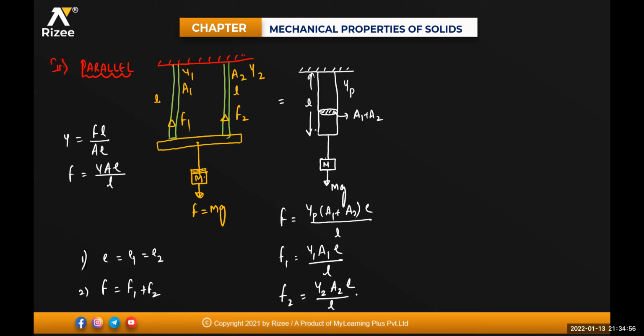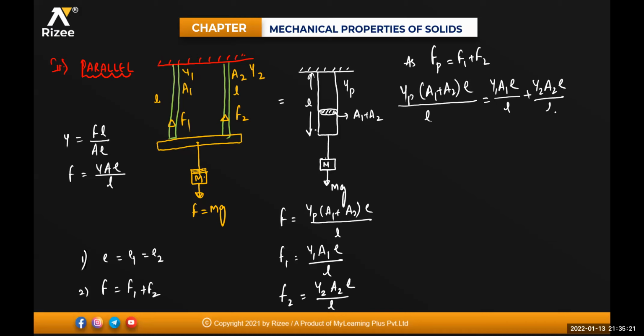So if I compare with this relation right now, as F in parallel is equal to F1 plus F2, so Y in parallel A1 plus A2 into elongation E divided by L is equal to Y1 A1 into E divided by L plus Y2 A2 into E divided by L. This L will get cancelled, elongation will get cancelled.